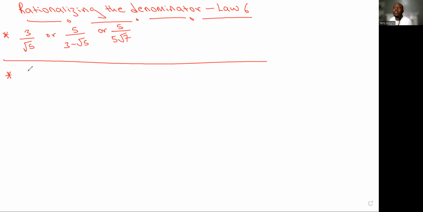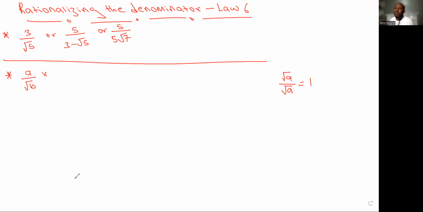So the first one is if you have a simple surd as a denominator, like a over root b, okay? In order to remove this surd, you multiply both top and bottom by root b over root b. In the first video, I told you that root a over root a is equal to what? 1. So when a surd divides itself, it's equal to 1.